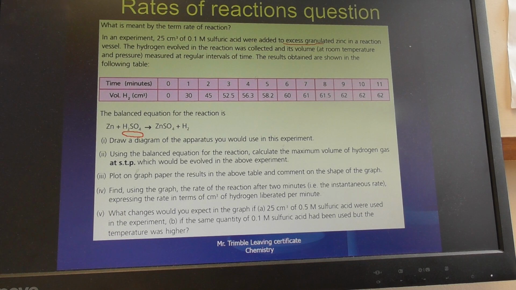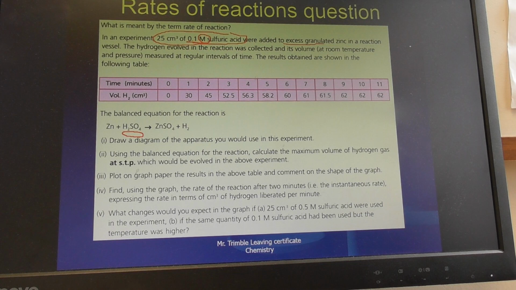We need to go up here and look in the question, and we see we have 25 cm cubed of sulfuric acid, and that sulfuric acid has a concentration of 0.1 molarity, or 0.1 moles per litre. Remember that M right there stands for moles per litre.